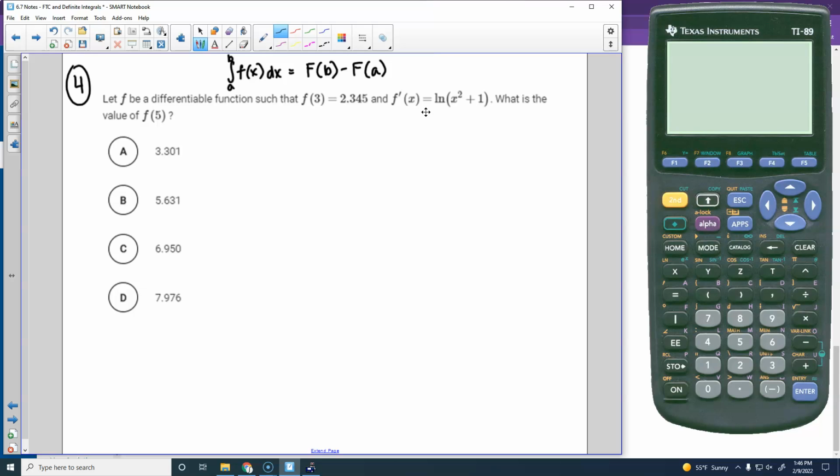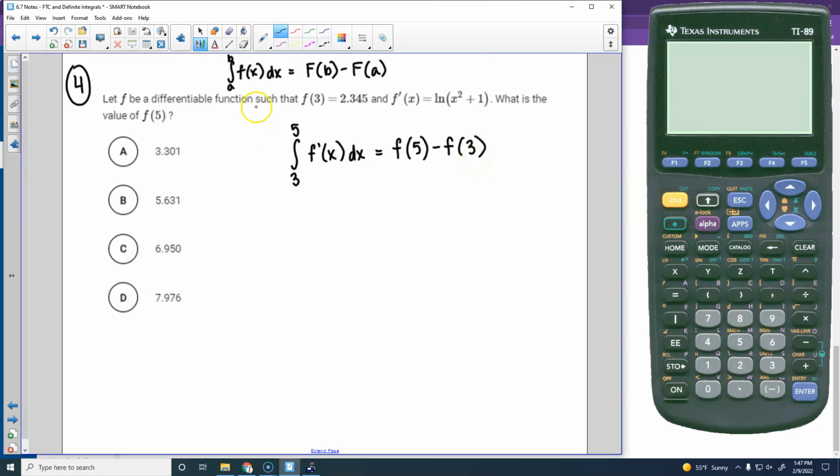So the way that we're going to have to approach this, if we integrate f prime of x from 3 to 5, the fundamental theorem of calculus tells us that when we integrate f prime, we would get f, and we would do f of 5 minus f of 3.